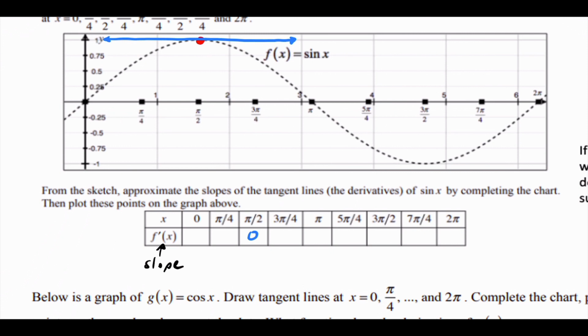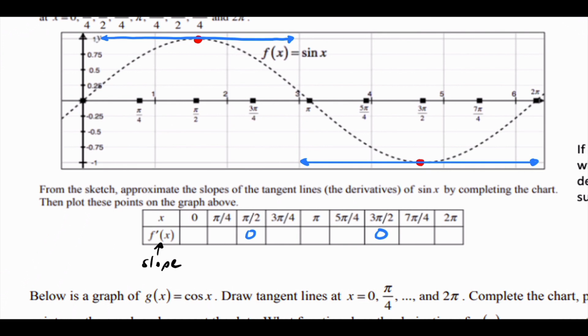Is there anywhere else on the sine wave where I would have a 0 derivative? 3 pi over 2. Yeah, look at 3 pi over 2. It's the same idea, right? Instead of being the top, instead of being a maximum, this one's a minimum. It would have the same issue right here.